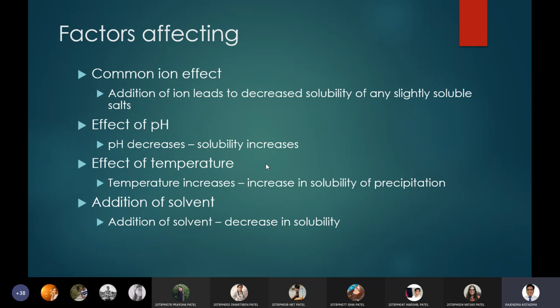Okay, see, if you can recall the standardization of NaOH, what was the principle?